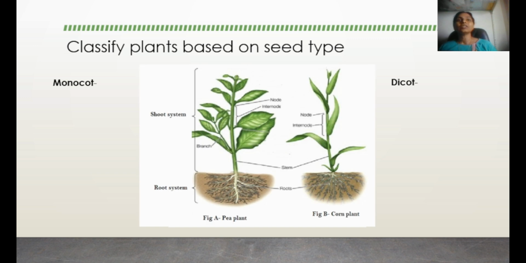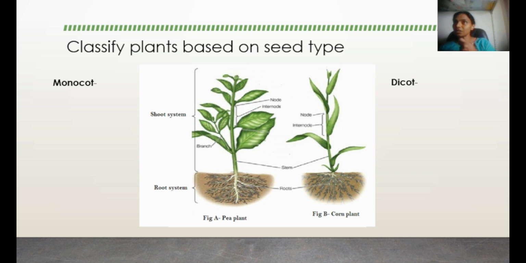Well, children, if you look at a monocot plant, for example, the corn plant, the corn, as you know, is a monocot seed. As it grows, it becomes a plant that looks like this. Look at its root structure, its stem, and its leaves. Now compare it to a dicot plant, which has grown from a dicotyledonous seed, that is a pea.